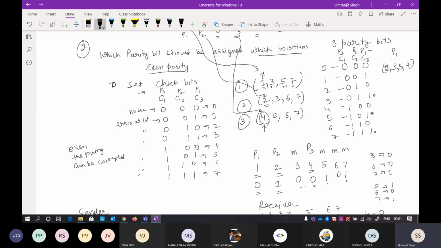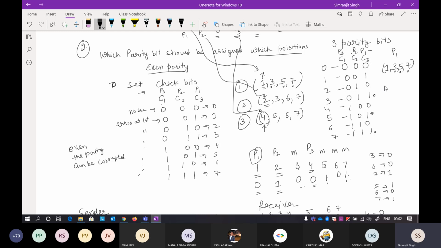What is the meaning of this? Parity bit 1 will be set on the basis of positions 3, 5 and 7. At 3 this is 0, at 5 there is 1 and at 7 there is 1. So 1 1 is an even parity, so you have to add a 0.